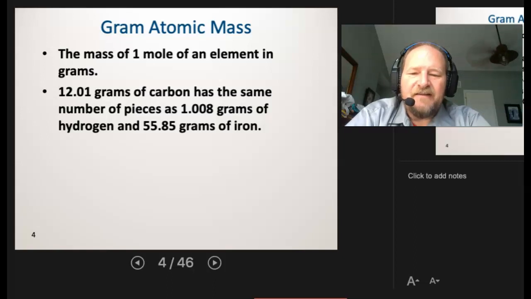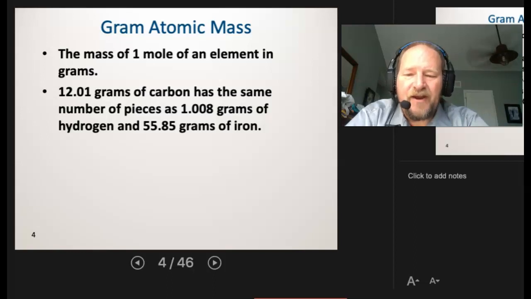Now that's saying that if I have 1 mole, 6.02 times 10 to the 23rd atoms of carbon, it's going to weigh 12.01 grams. If I have 6.02 times 10 to the 23rd atoms of hydrogen, it's going to weigh 1.008 grams.